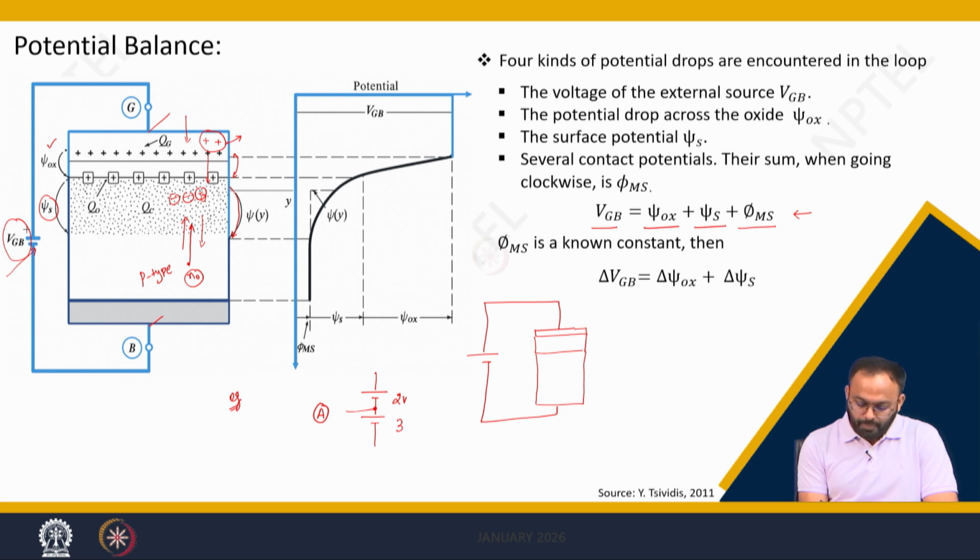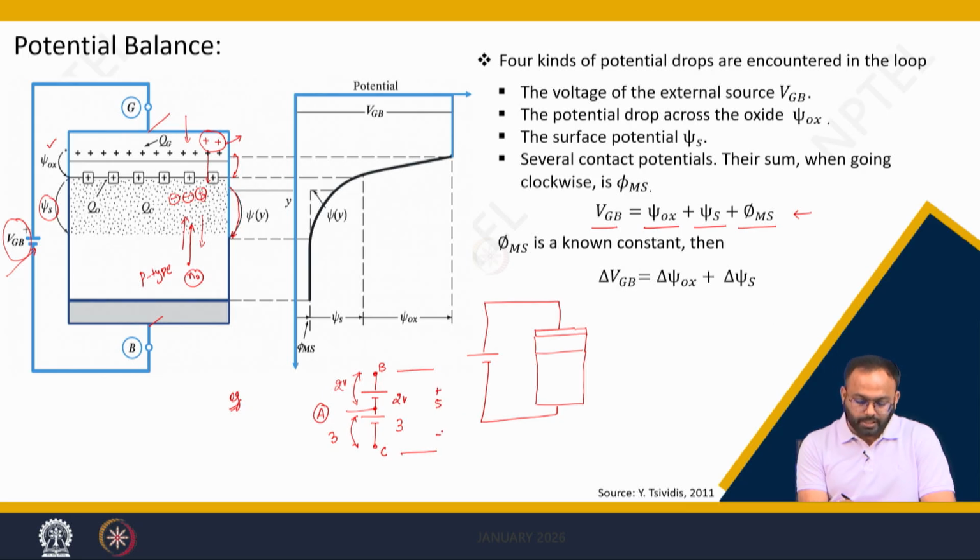So, let us consider this is node B and this is node C. With respect to node B, this A is negative, that is what you are saying, this is a voltage of 2 volts. Similarly, with respect to C, this is positive and you are saying this is 3 volts. In total, between B and C, it is 5 volts, right.